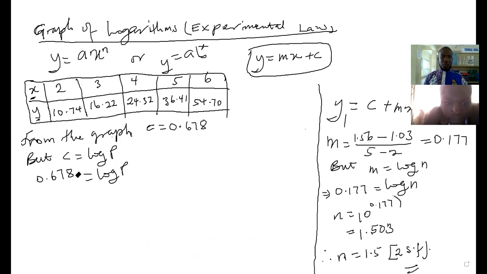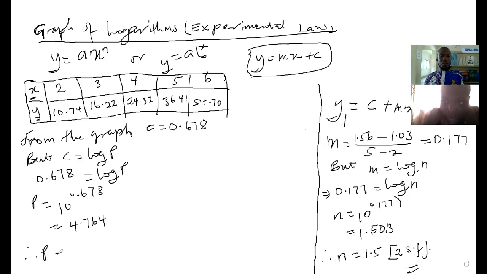All right, that means our P is going to be 10 exponent 0.678. And what do you have for that from the calculator? 4.764. And this one to two significant figures, right?